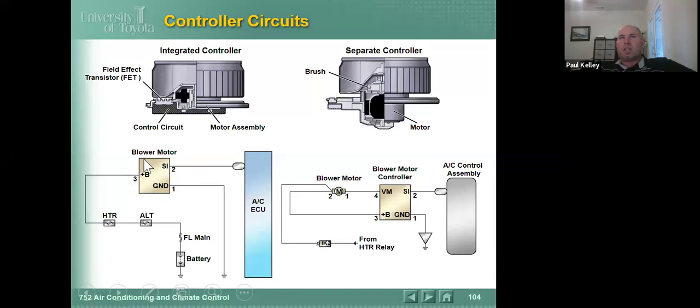So if it looks like this, it's got the field effect transistor inside. And if it looks like this, it's got just the motor and the controller someplace else. Could be either one, but ultimately the SI is the duty cycle, and the duty cycle is going to control how much ground the blower motor gets, right?